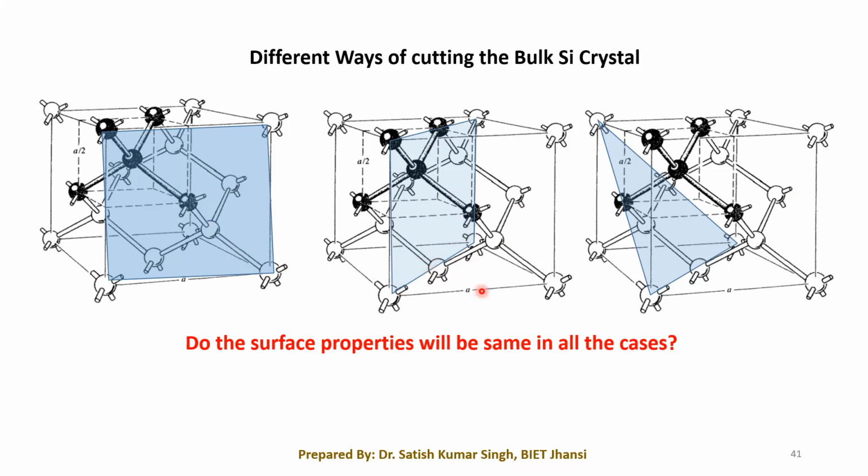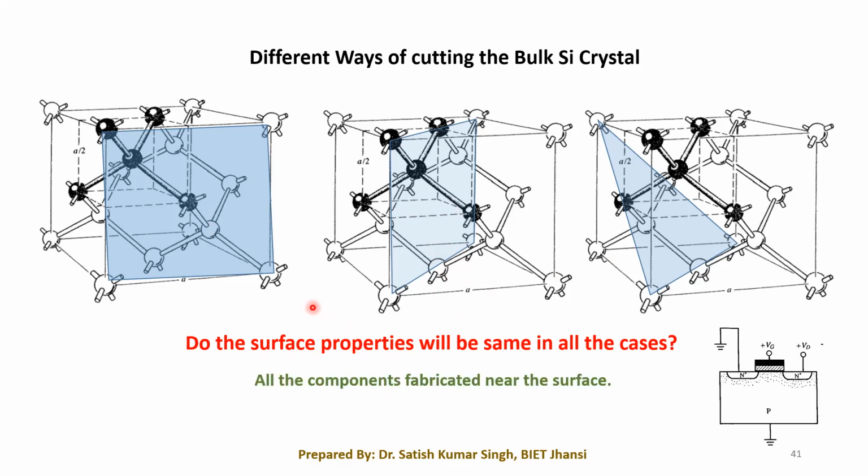Now you must be thinking why the surface is so important. Why are we talking about surface properties? The answer lies in this fact: this is our device, and all devices are manufactured near the surface.